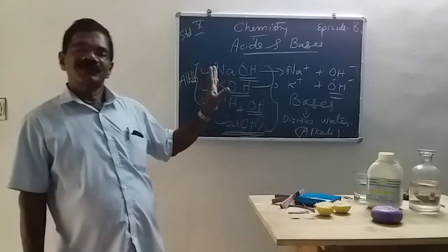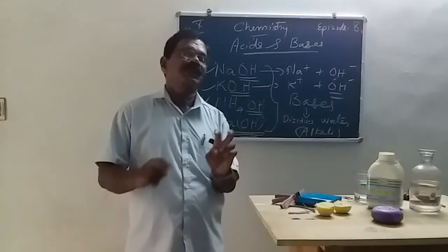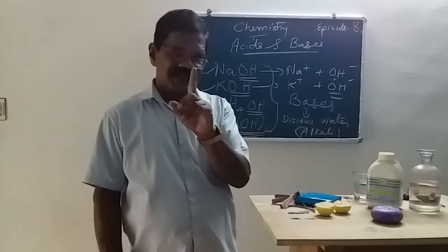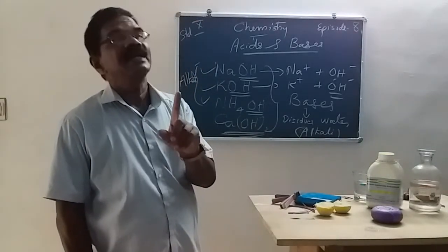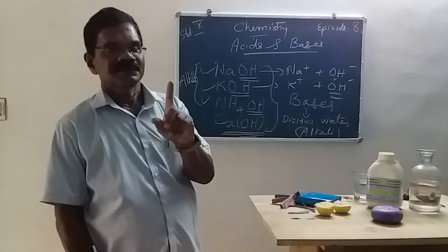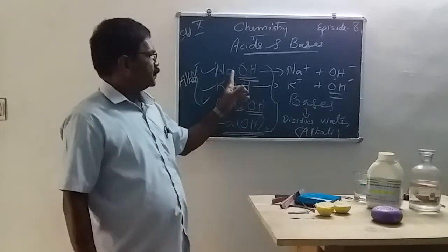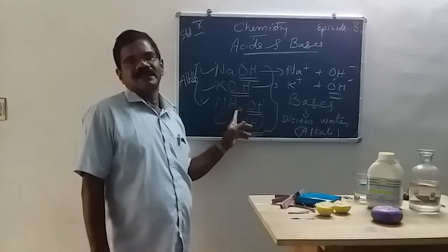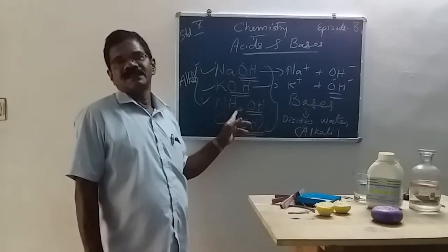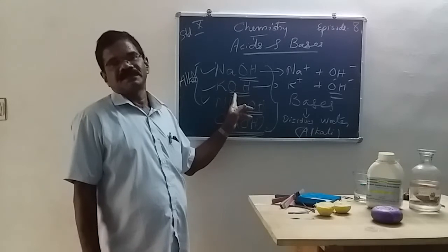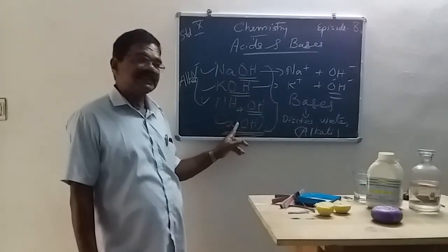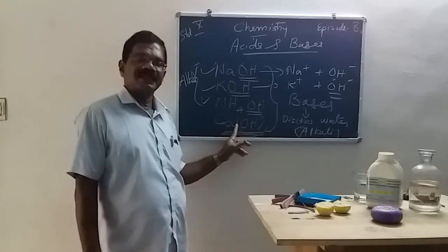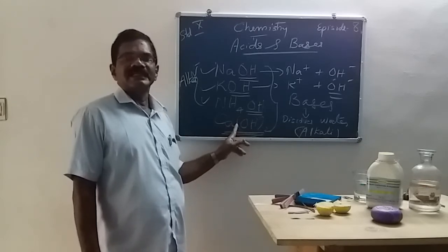Examples: sodium hydroxide, potassium hydroxide, ammonium hydroxide. These three are alkalis because they dissolve in water. But calcium hydroxide is a base, not an alkali, because it does not dissolve in water.